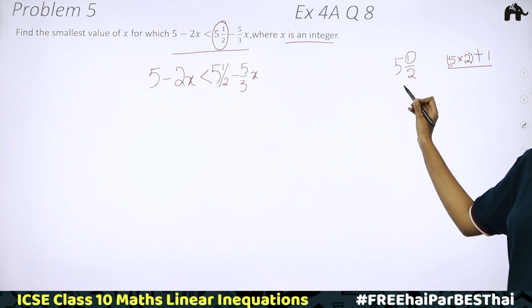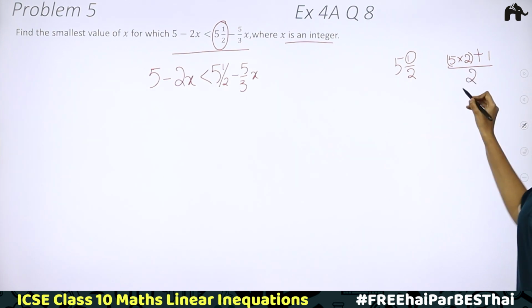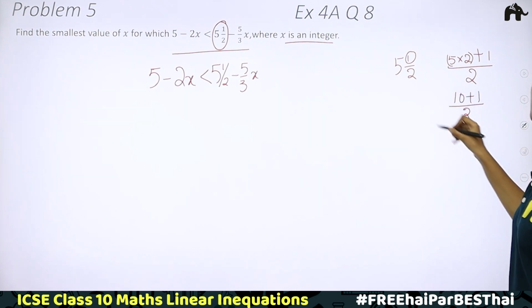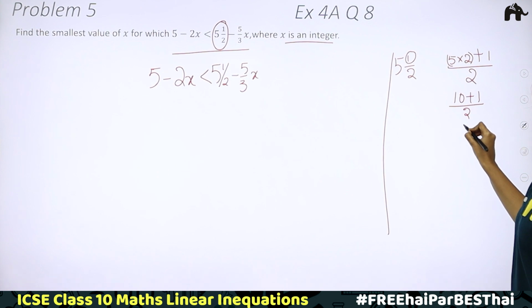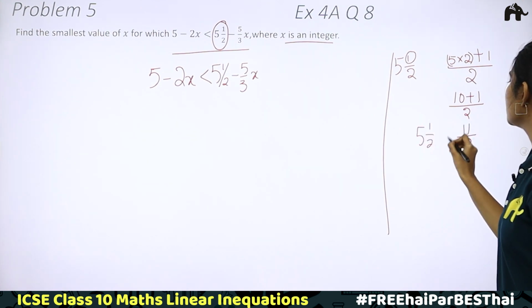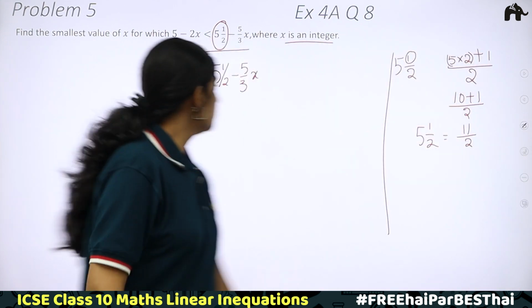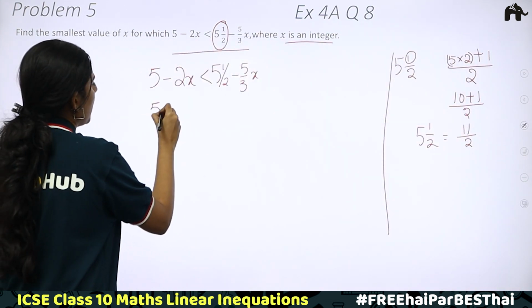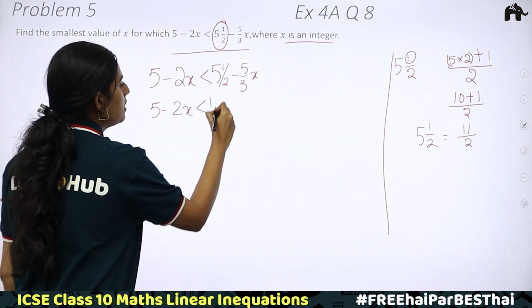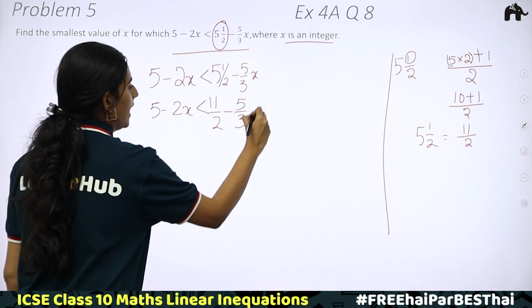Here the denominator is 2, that is the same. 5 into 2, 10 plus 1 divided by 2. We will be getting 11 by 2. 5 1 by 2 is equal to 11 by 2. Now you can substitute in this inequation. 5 minus 2x less than 11 by 2 minus 5 by 3x.